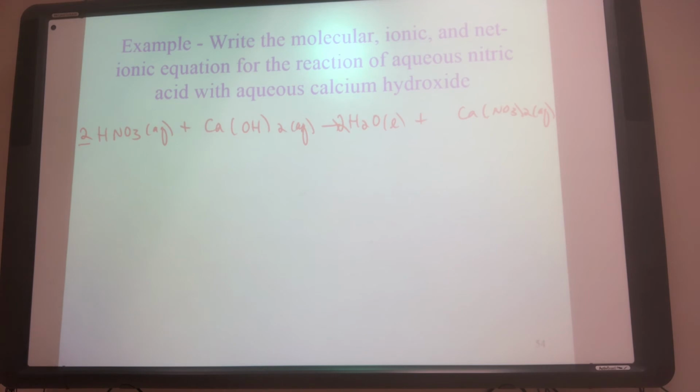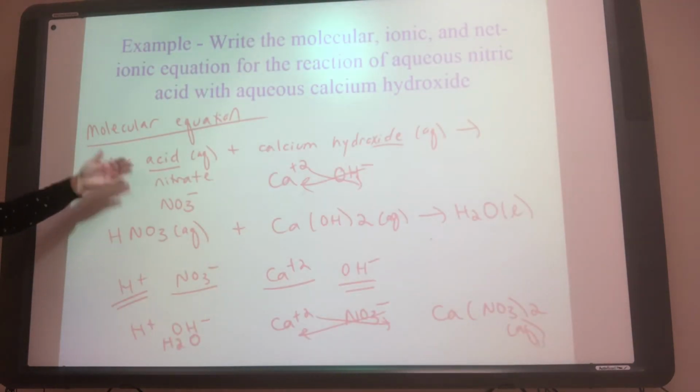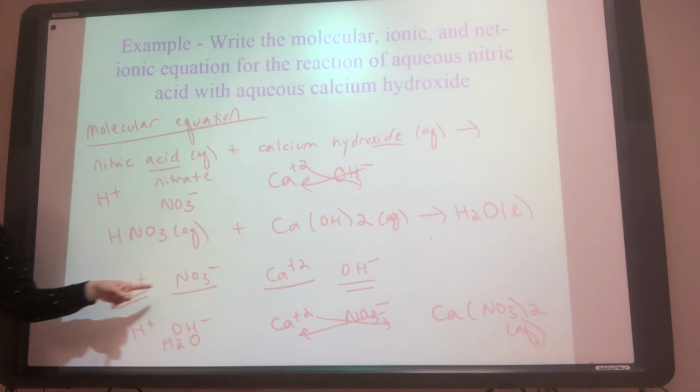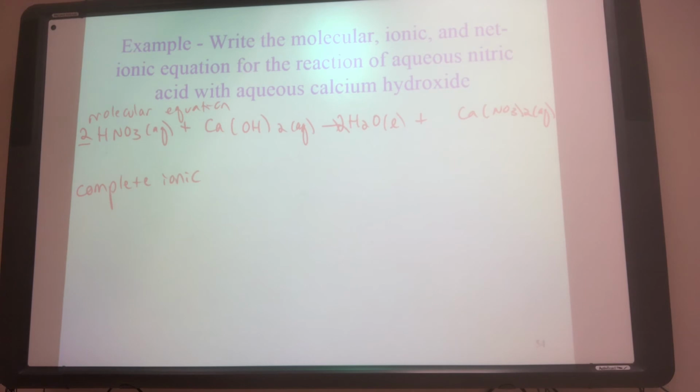All right, so now that I have my molecular equation, now I can write my complete ionic, or my ionic. So I take everything that is aqueous and separate it. And it helps, since I already separated it here, I already know what all the ions are. So when you write the molecular, it kind of helps you. So this is going to be H plus, but I know when there's 2, so 2H plus AQ.